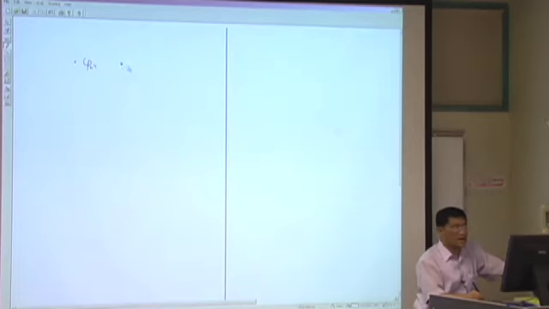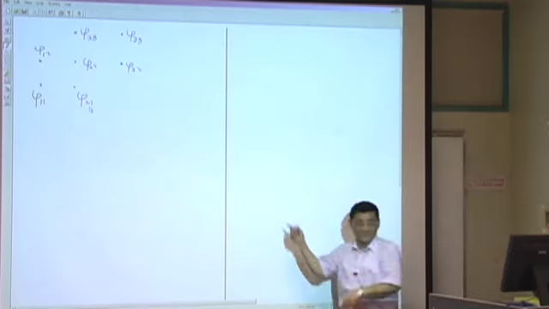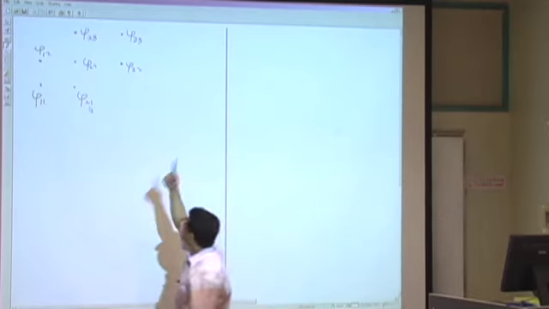East side has phi 3, 2, right? And then the northeast side has phi 3, 3. And then the north side has phi 2, 3. And then the west side has phi 1, 2. And then phi 1, 1. And then phi 2, 1. So this is the case, right?